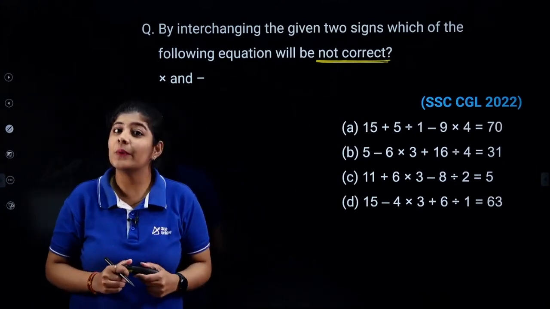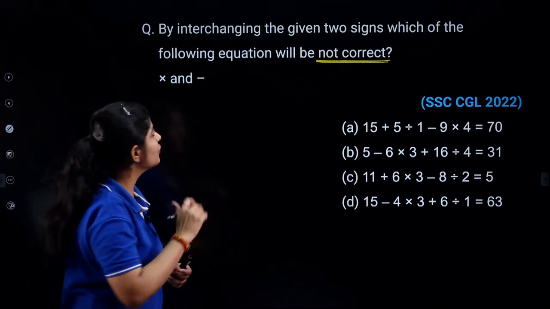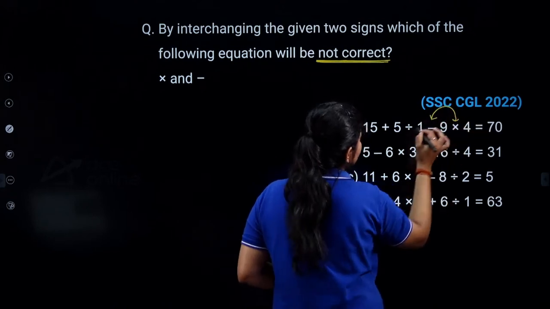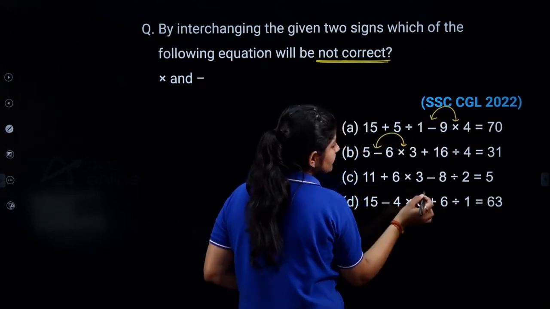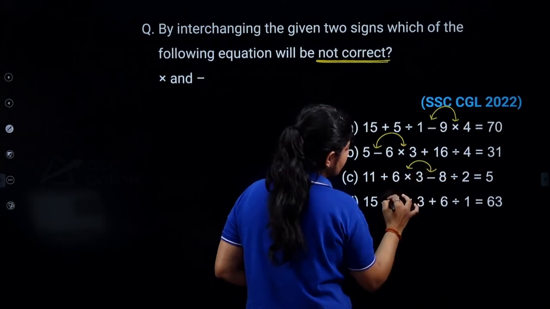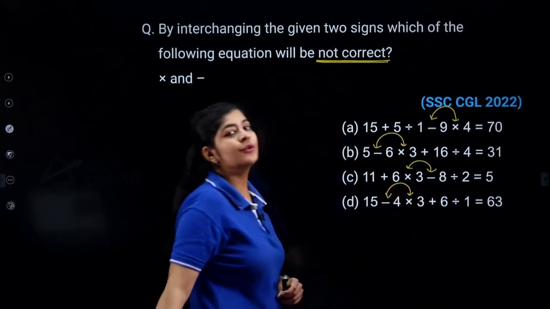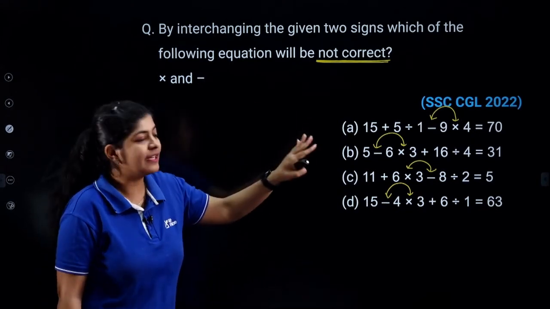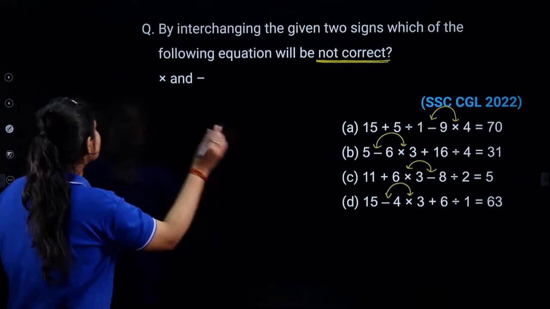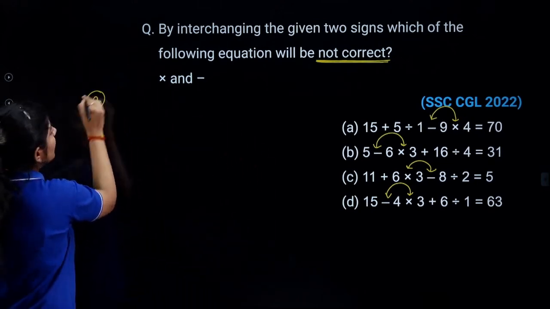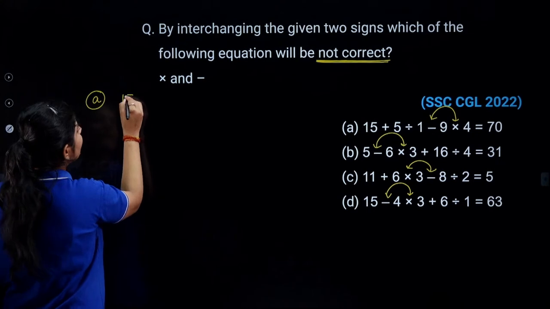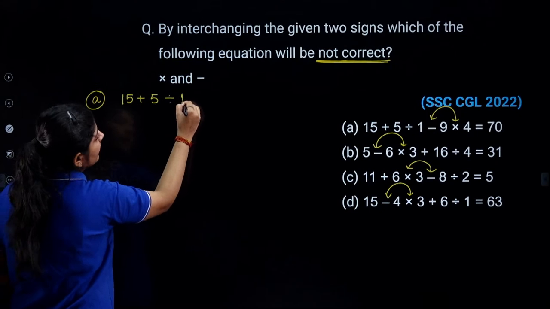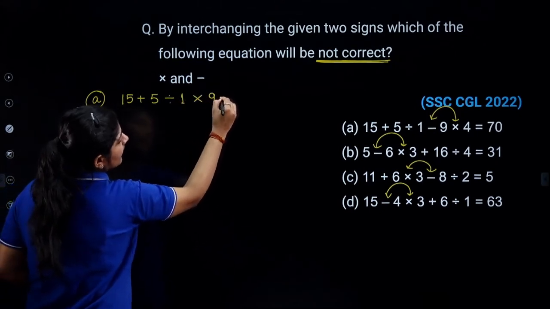So what we are going to do in this one? You just need to interchange these two symbols, and then check whether LHS is equal to RHS or not. First we will go with option A. Option A says 15 plus 5 divided by 1 into 9 minus 4.